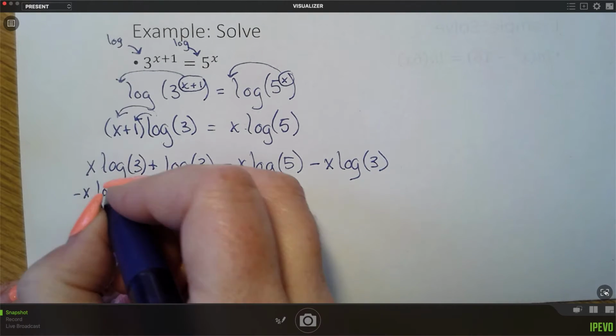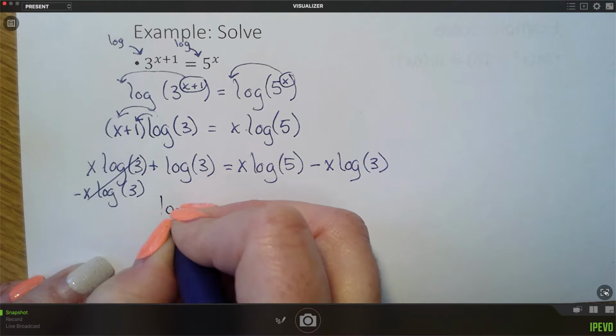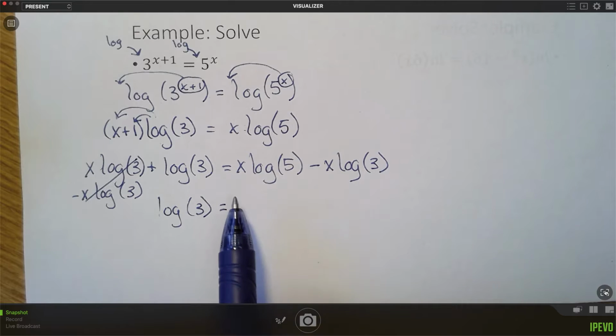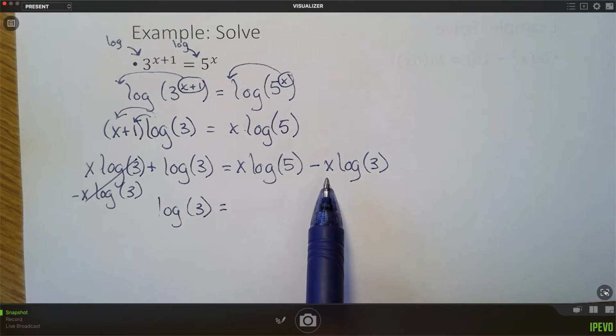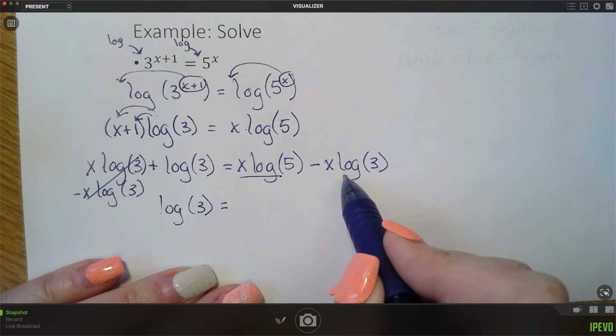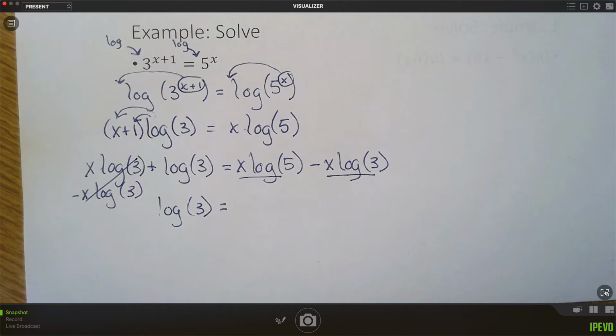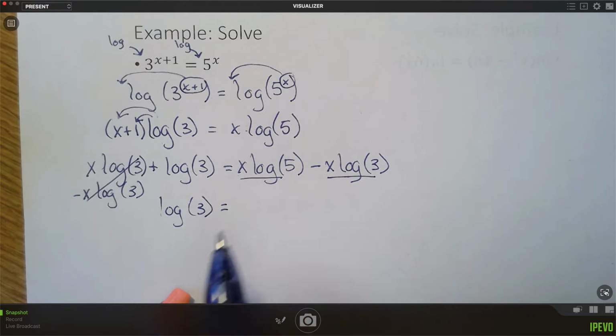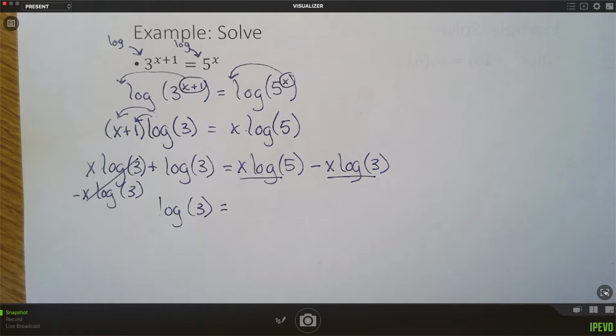Okay, so I have log, this is zeroed out, so I have log of 3 here. But my problem over here is I have 2 x's, yes? But I have one term and I have another term, and what do they have in common? They have an x. Can I factor it out?